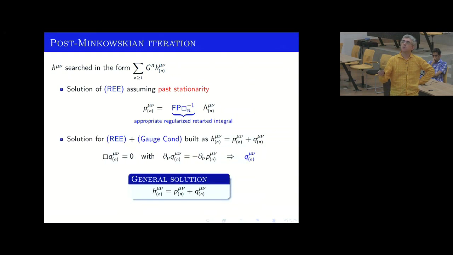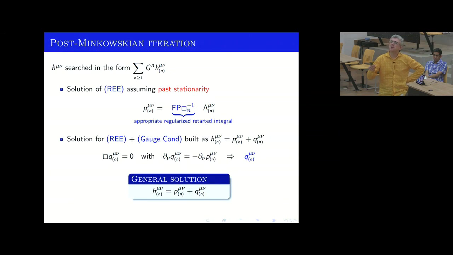Now, in the post-Minkowskian iteration, we start from the solution I just showed you, which was the case G to the power 1, so when n is equal to 1. But we add more powers of G, like here.